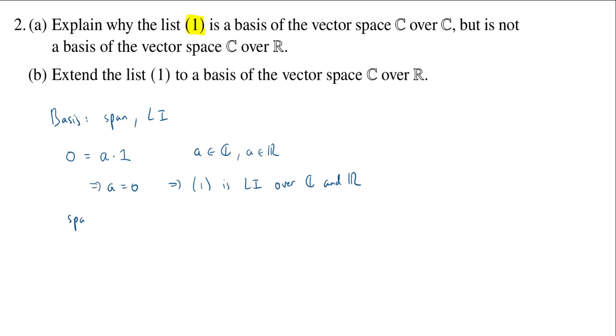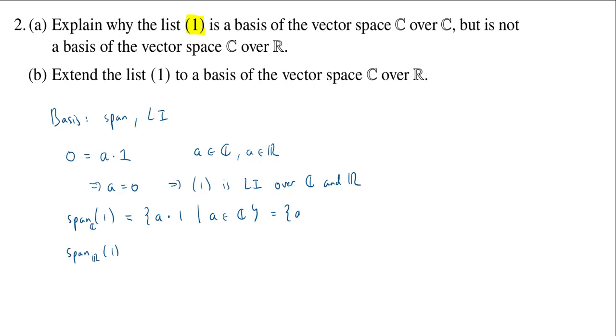So what is the span of the list just containing the number 1? Well, it depends if we're talking about the complex span or the real span. So we're going to use the subscript here to distinguish, okay? And then we'll do it over the reals as well. So over the complex numbers, this is going to be all things of the form a times 1, where a is a complex number. But of course, a times 1 is just equal to a.